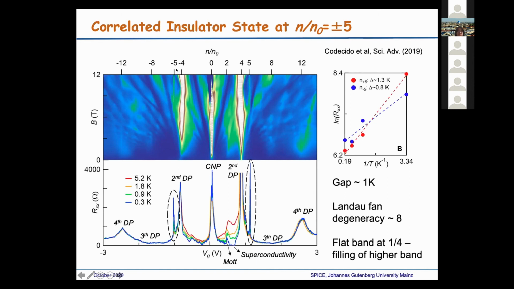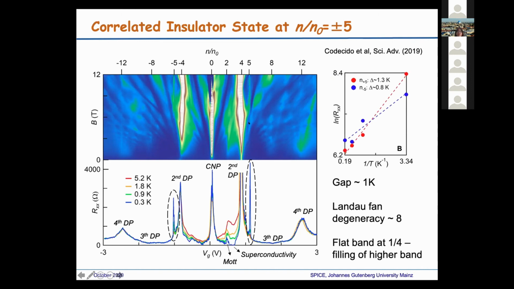It's enhanced by the magnetic field, but you can also see that at 0 field, if we go to low temperature, at 0.3 Kelvin, they're very obvious, but disappear at about 5 Kelvin. If we plot this temperature dependence, we see that they have a gap of about 1 Kelvin, and we do see a Landau fan coming out from this little feature.